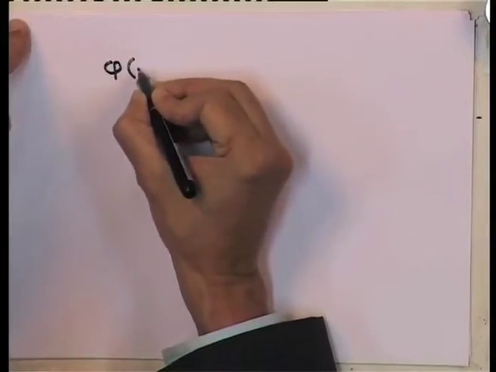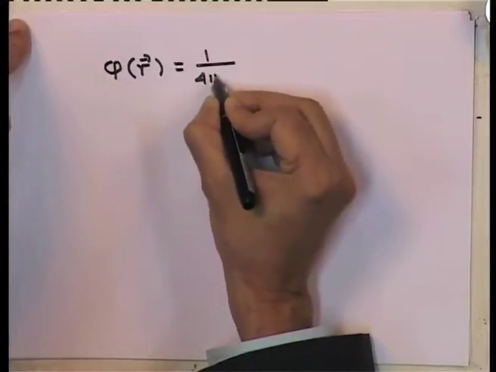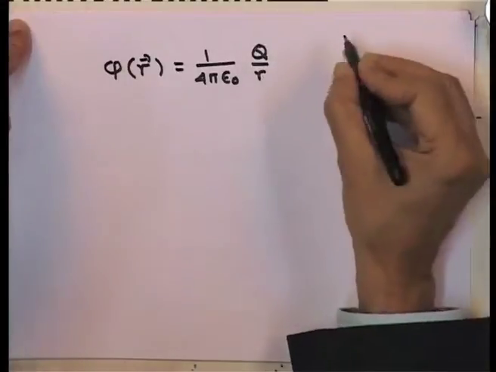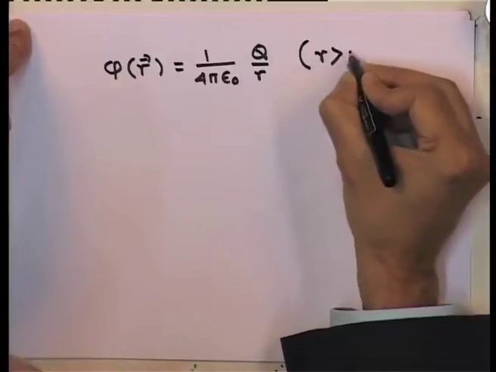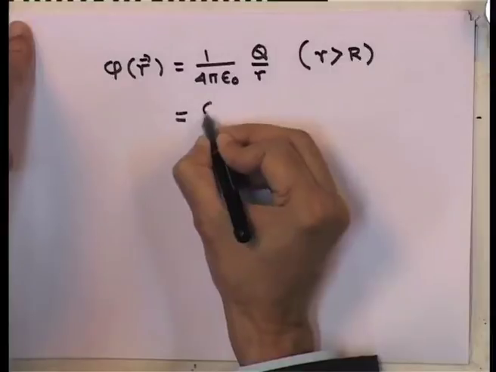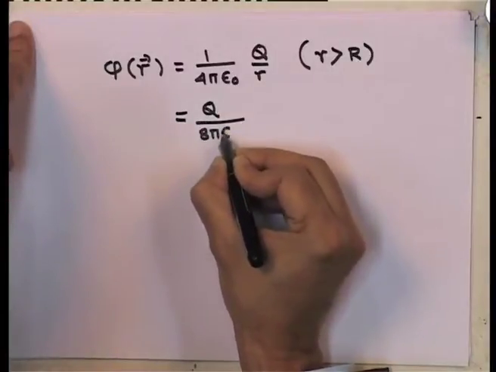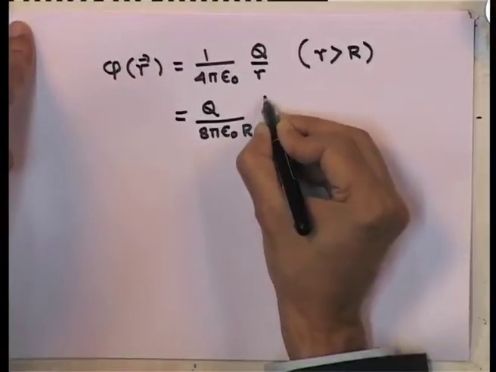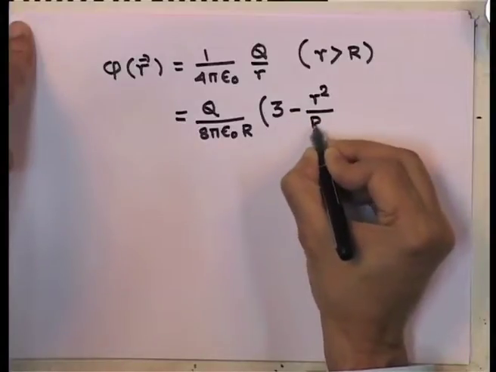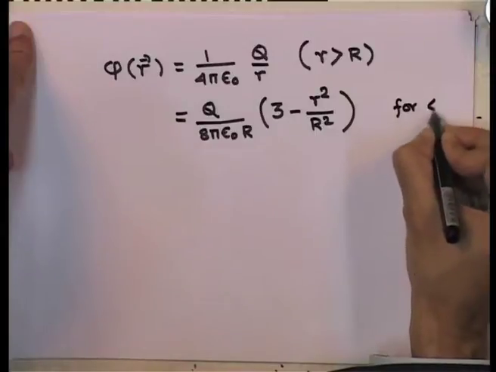Phi of r is 1 over 4 pi epsilon 0 q by r for r greater than the radius of the sphere, and we had obtained an expression like q by 8 pi epsilon 0 R into 3 minus r square by R square for r less than R.